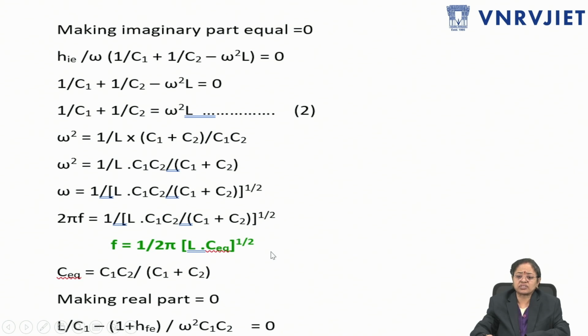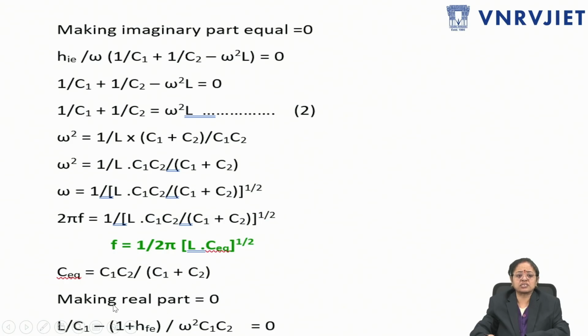Similarly, if we are working with the Hartley oscillator, then Z1 and Z2 will be substituted with inductors. That is, Z1 will become L1 and Z2 will become L2 and Z3 is C. And on substitution of the reactance values, the frequency will involve L equivalent. However, we will see that later.